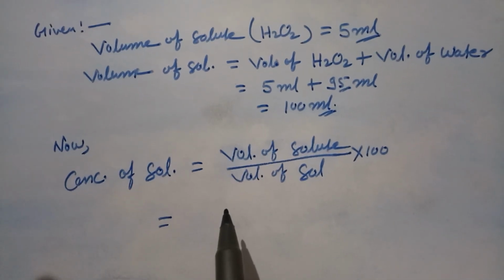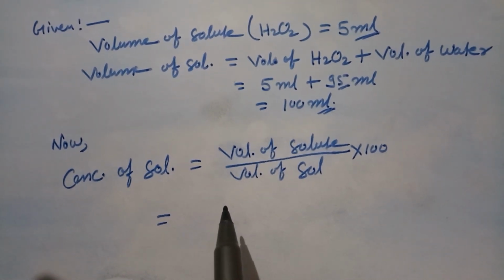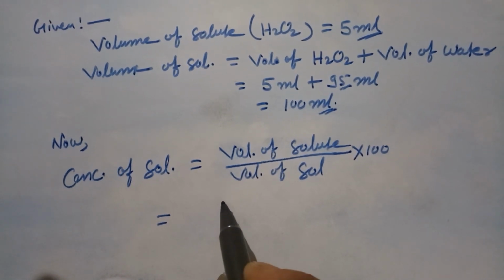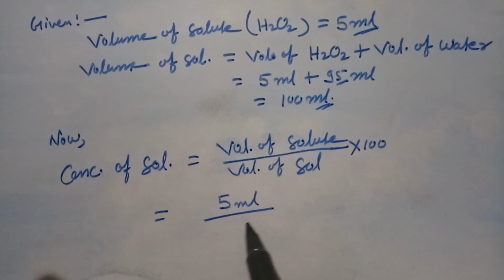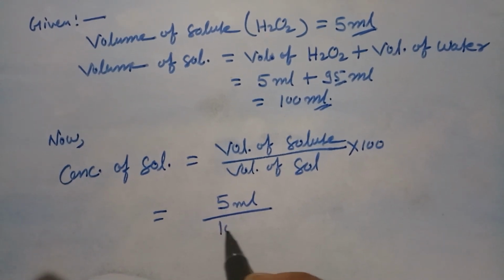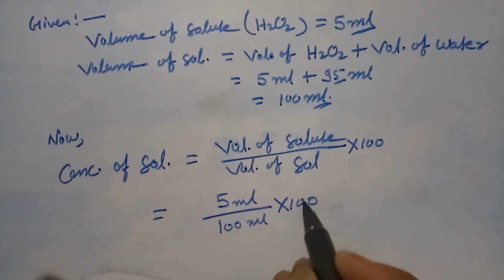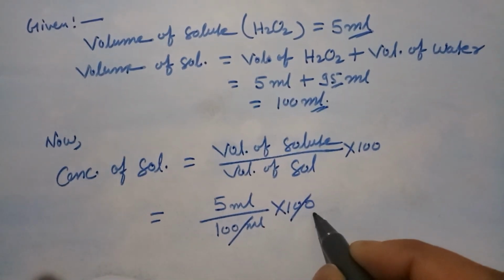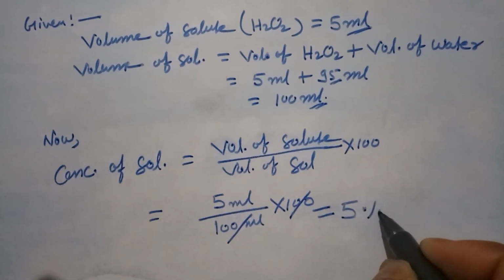By using this formula, we can calculate the concentration of solution. Volume of solute, which is given as 5 ml, divided by volume of solution, which is 100 ml, into 100. We have got the answer as 5%.